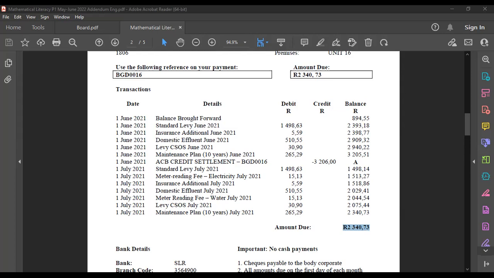When you do that properly using your calculator, you'll end up having 64.02%. That's your percentage.